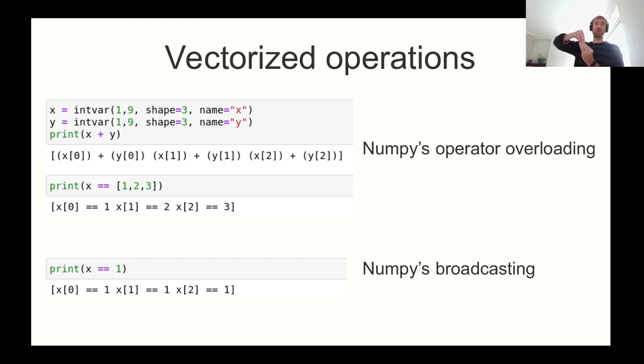So it will copy the 1, in this case, 3 times, so that you have x on the left side and an array of size 3 with always the same element, namely 1, on the right side, and then it will do that comparison. And so here you can see the broadcasting on 1 means that this will result in an array where we have the pairwise comparison: x0 equals 1, that's the first element, x1 equals 1 is the second element, and x2 equals 1 is the third element.